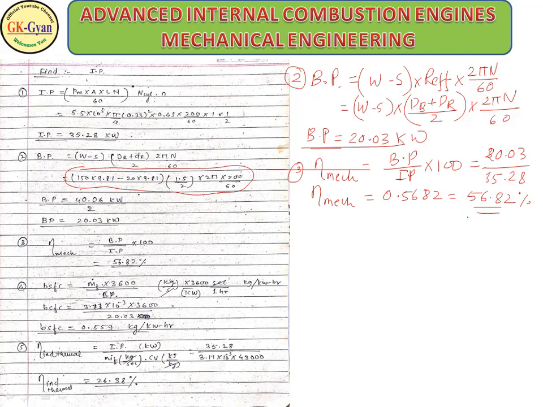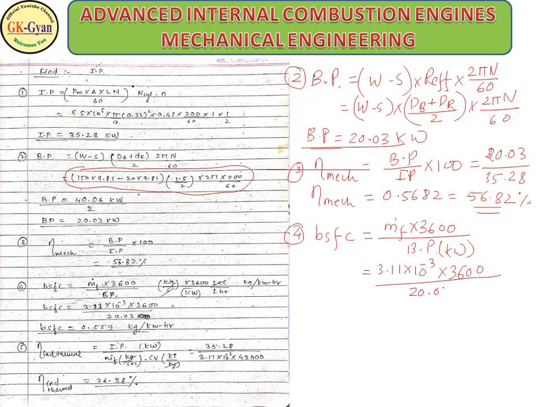Then fourth, you have to calculate BSFC. BSFC is brake specific fuel consumption. We know that it is m dot F into 3600 divided by BP, with BP in kilowatt. m dot F is 3.11 into 10 to the power minus 3, and BP is 20.03 kilowatt.